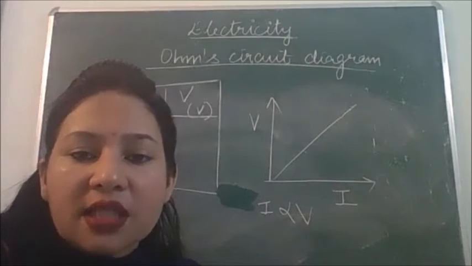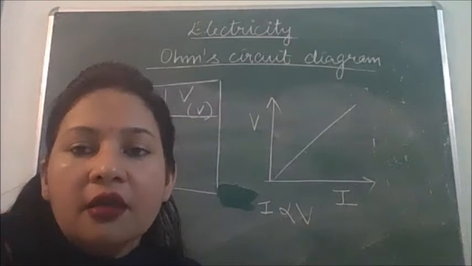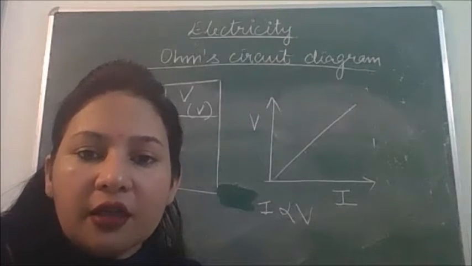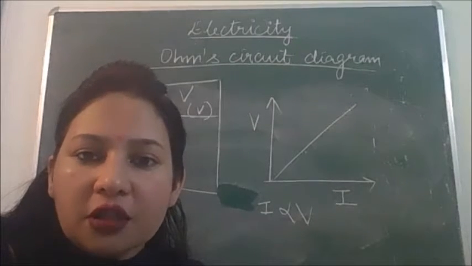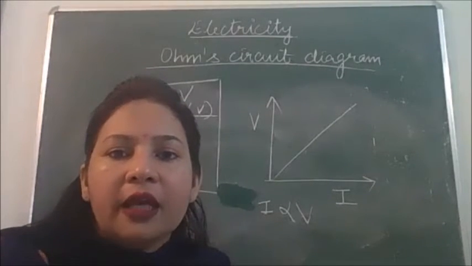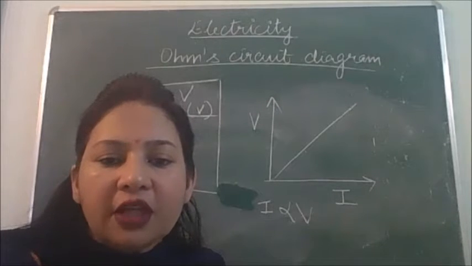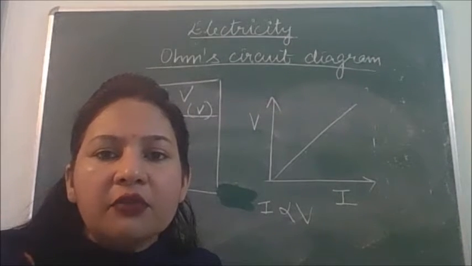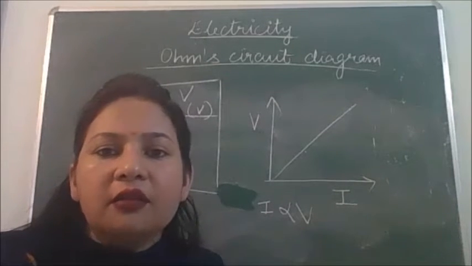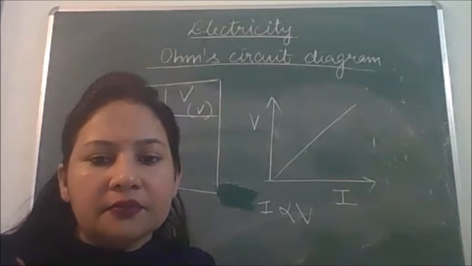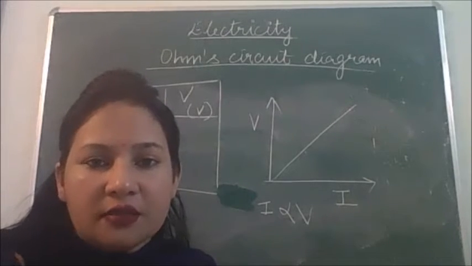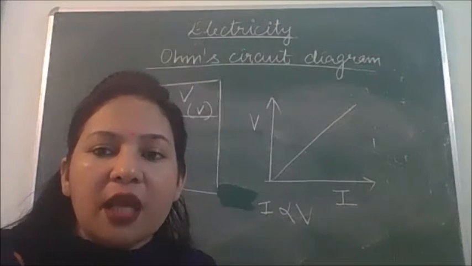So current flowing through a conductor is directly proportional to the potential difference between the ends of the conductor, provided temperature remains constant.